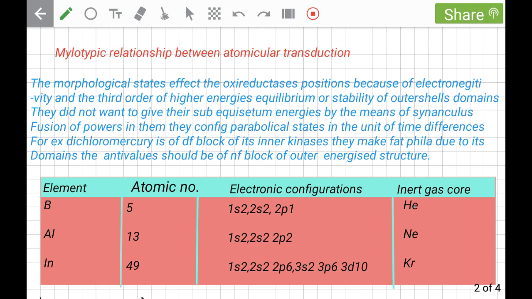The atomicular structures transduction is the minus 3 2 domains, which can be defined in the biometrical analysis. So here we will start that the two chemicals change their properties, their structures, only when they have a co-relationship with them.